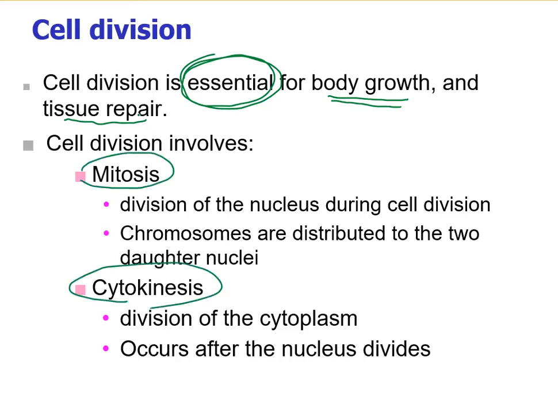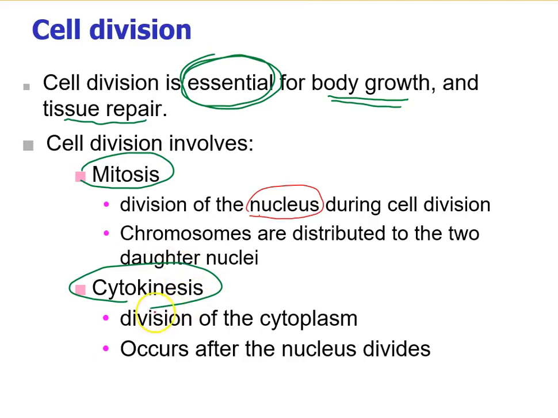Cell division involves mitosis and cytokinesis. Mitosis simply means division of the nucleus. So during cell division, the nucleus is dividing to make sure each daughter cell, or daughter nucleus, is going to receive the equal amount of chromosomes as their mother cell.